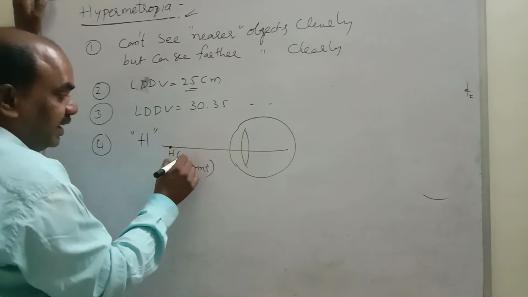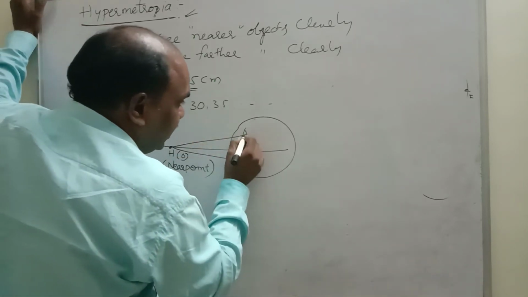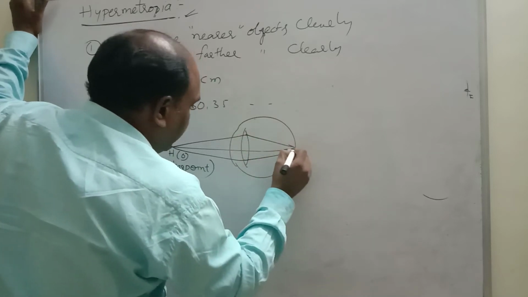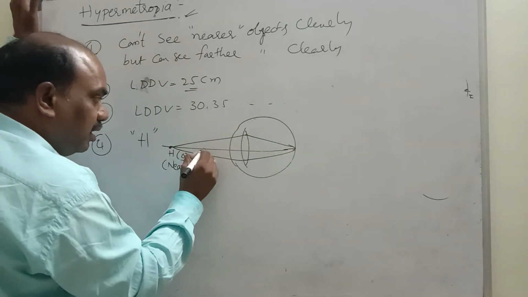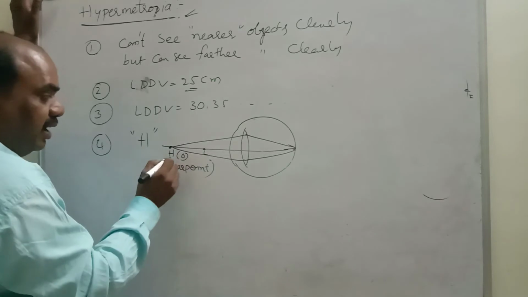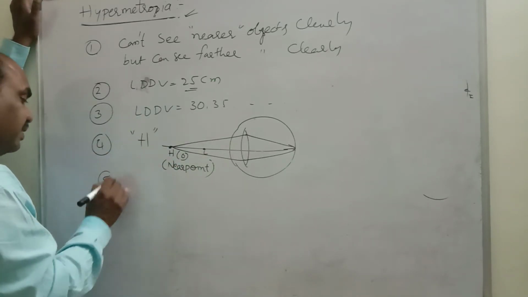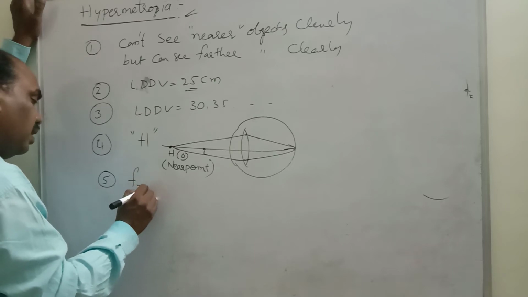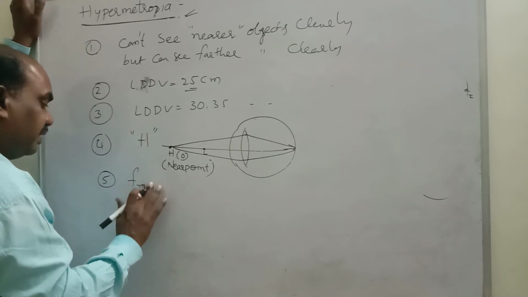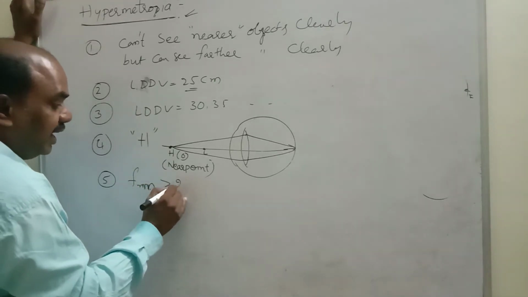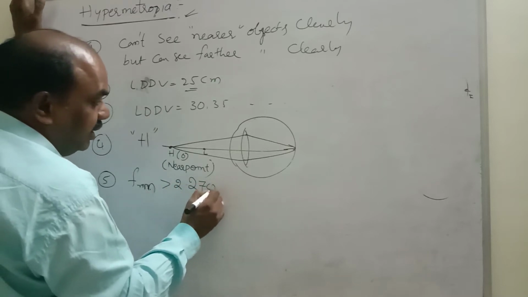If the object is at near point, then only the image forms on the retina of the eye. This is the healthy person's LDDV, and this is the hypermetropia patient's LDDV. So what is the minimum focal length of the eye lens? The minimum focal length of the eye lens is greater than 2.27 centimeter. Why?